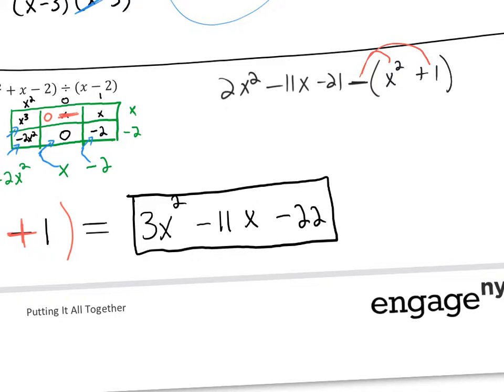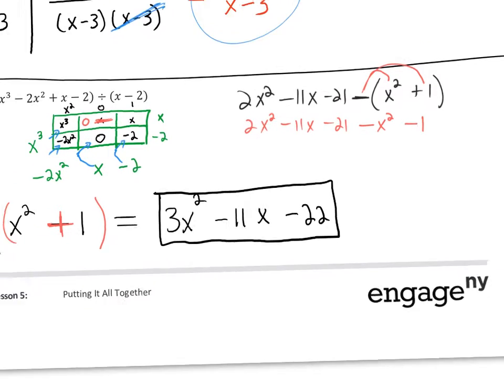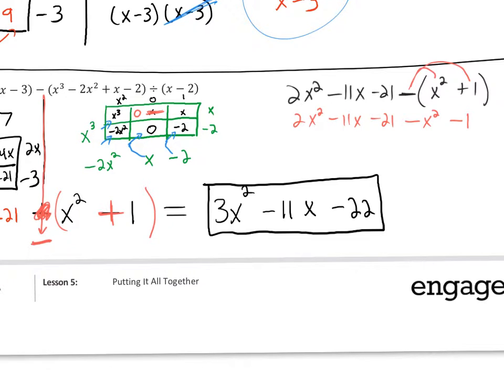So I'm going to rewrite everything again. It's a lot of rewriting, it seems like, isn't it? Minus 11x minus 21. That's a negative x squared, a negative 1. Okay. Then I'm going to combine like terms. 2x squared minus x squared is x squared.